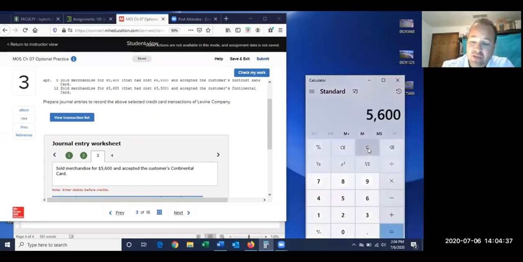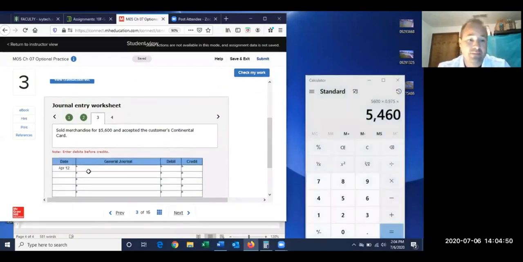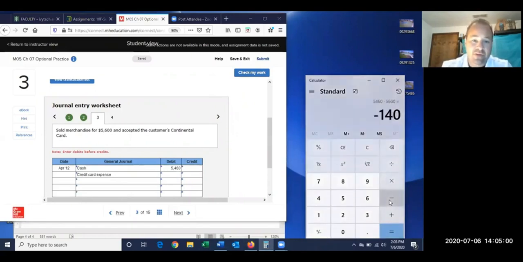So we're going to take $5,600, multiply by, take 100% minus the 2.5%. So 97.5% I get to keep. So that's $5,460 of cash. Credit card expense for the difference, the $5,600, so that's $140.